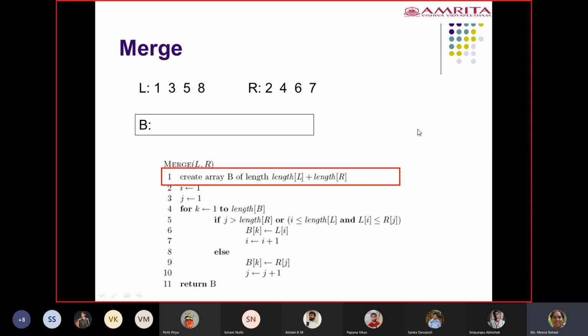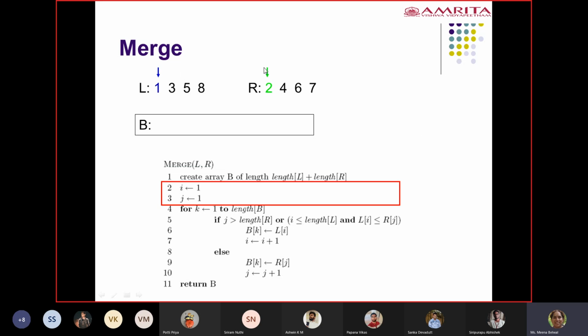And then the two indexes I and J. I is 1 and J is 1, because we have decided that we are going to take the index of the array from 1.